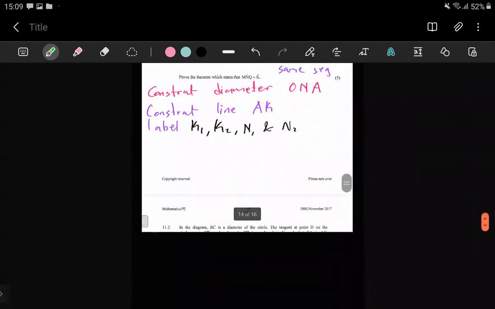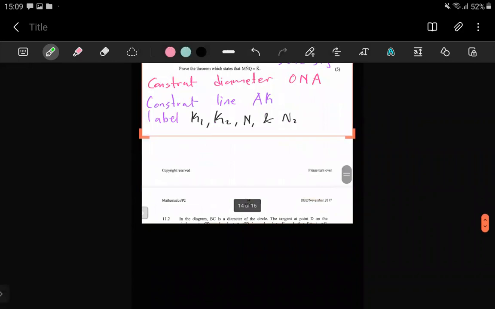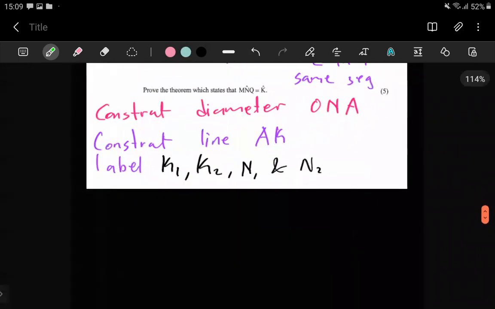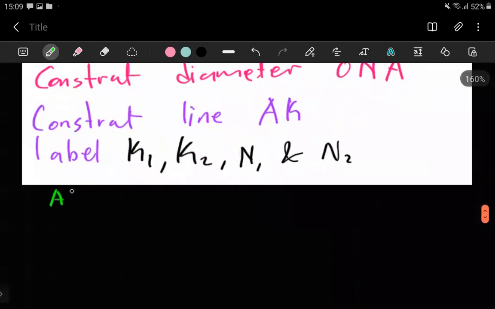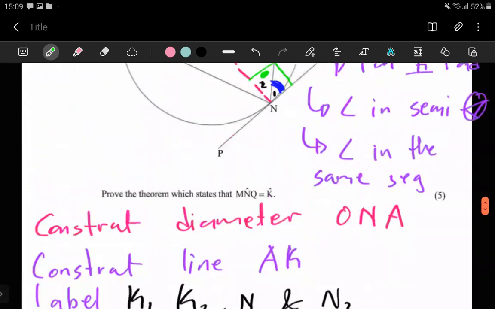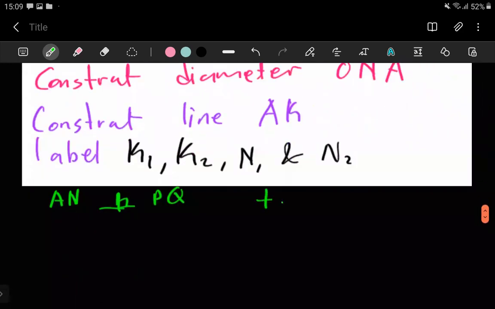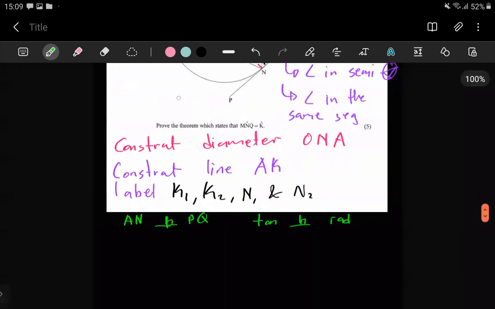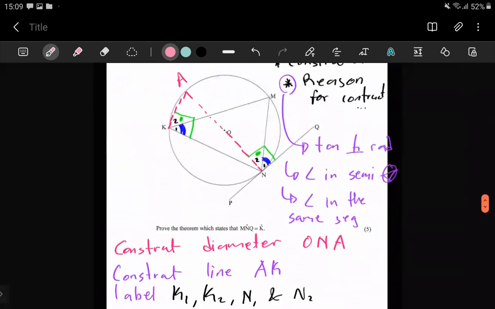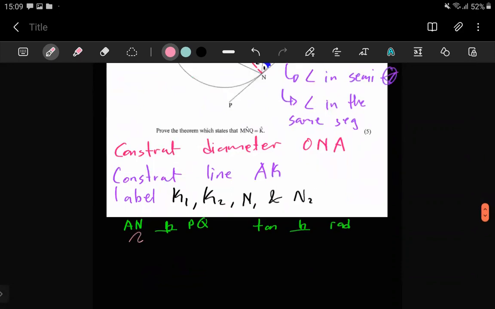So let's just start writing it out so that you see the logic behind our construction. The first thing, as we said, we're gonna state here, AN is perpendicular to PQ. The reason here is tangent perpendicular radius. The next thing is we're going to state that AKN is also 90 degrees.